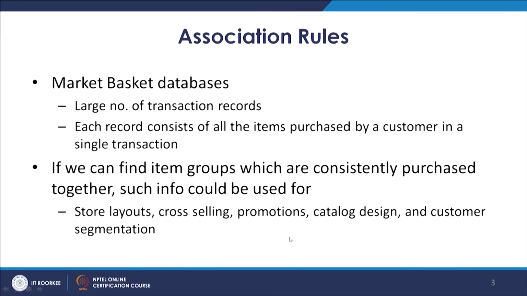This large number of transactions can then be analyzed using association rules, and we can formulate rules which can later be used, as you can see in the second point, for store layouts, cross selling, promotions, catalog design, and customer segmentation. If we can find item groups which are consistently purchased together, this information can be used for these purposes.